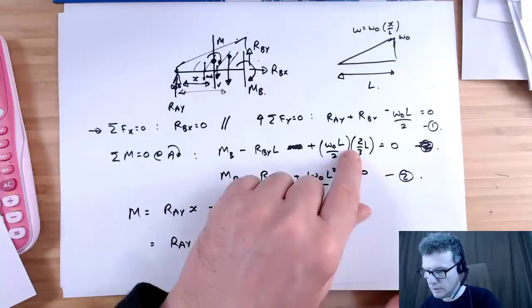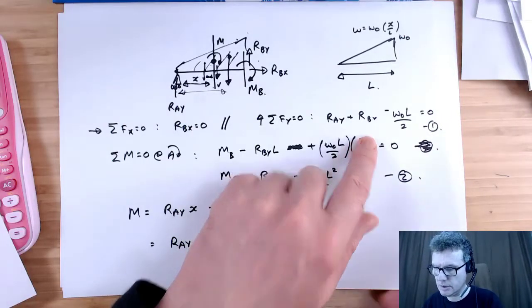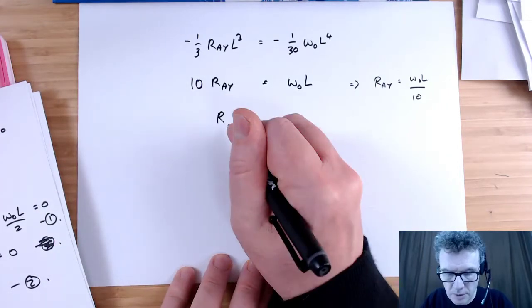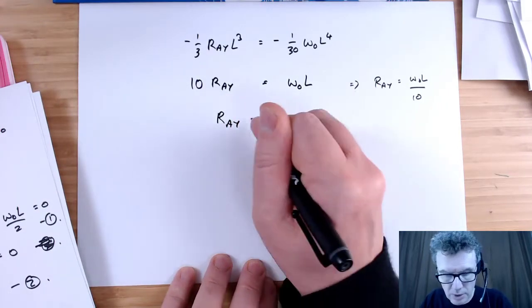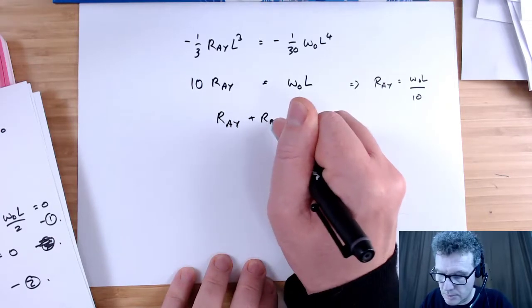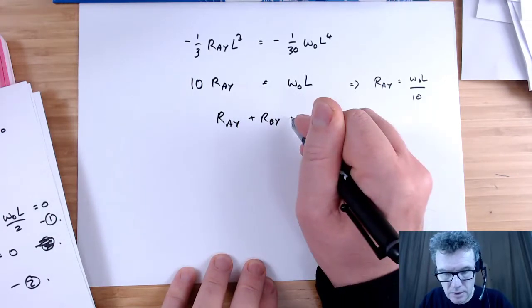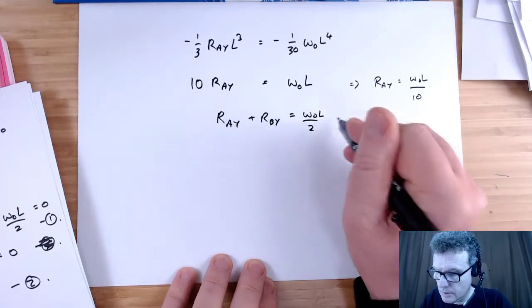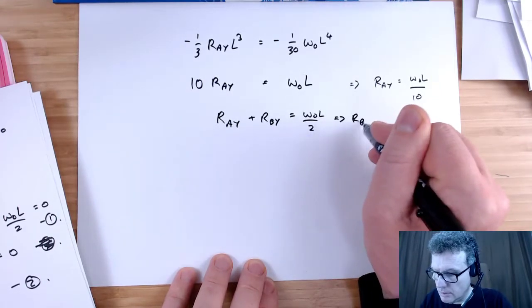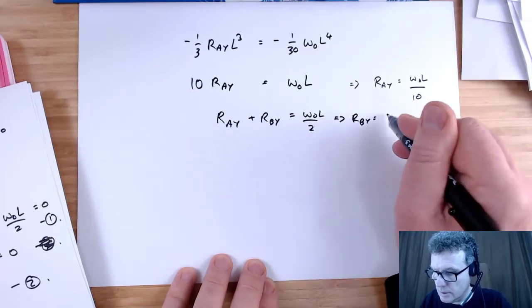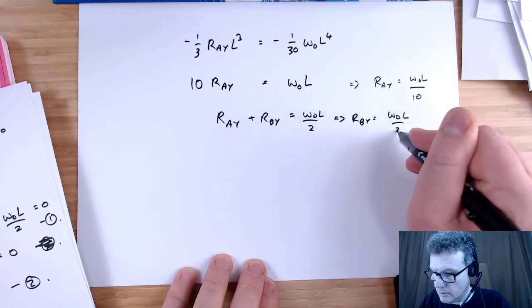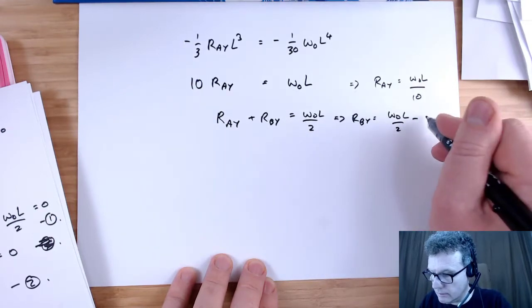Right, so now let's go back and find where we can find RBY. So we can use this one here. RAY plus RBY equals W0L over 2. Therefore RBY equals W0L over 2 take away 1/10 of it.